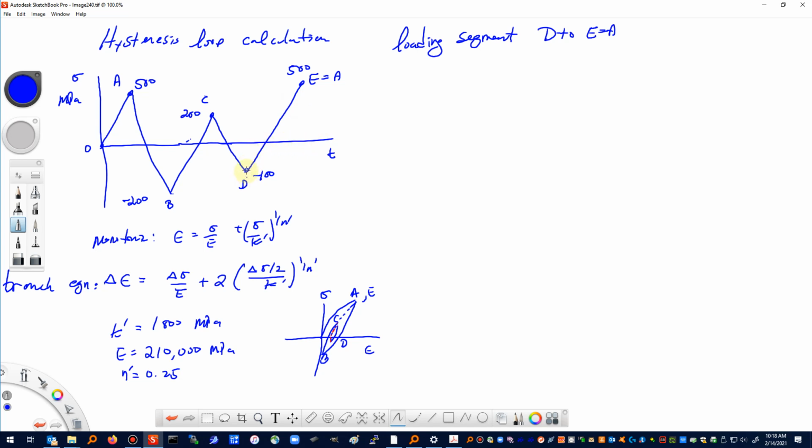All right, so we go from D to E, but on our way from D to E, we close off the hysteresis branch CDC. CDC has a range of 300.